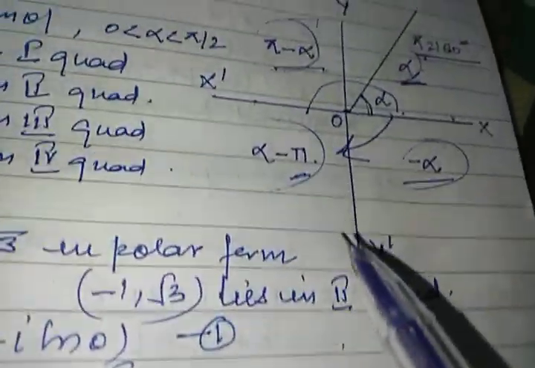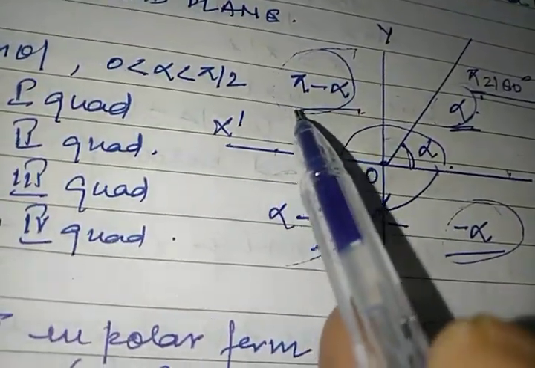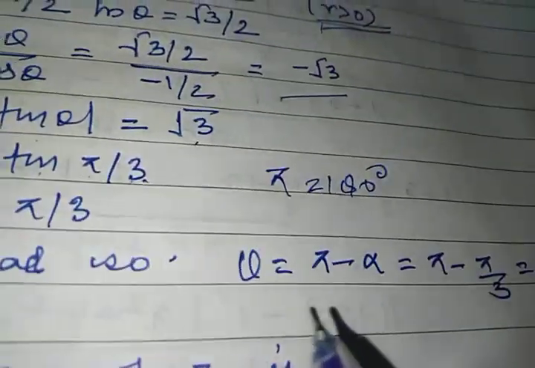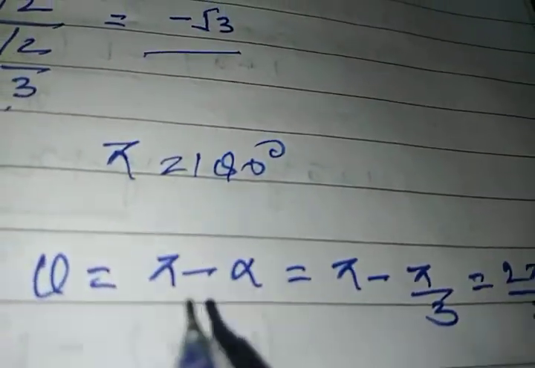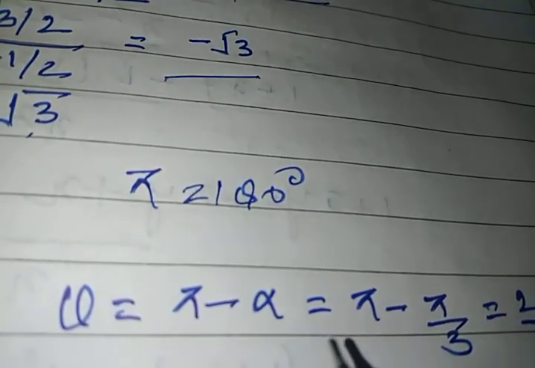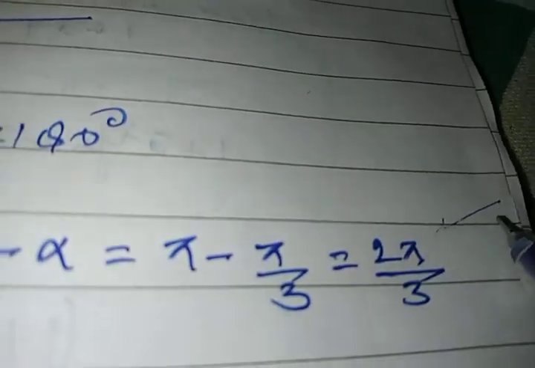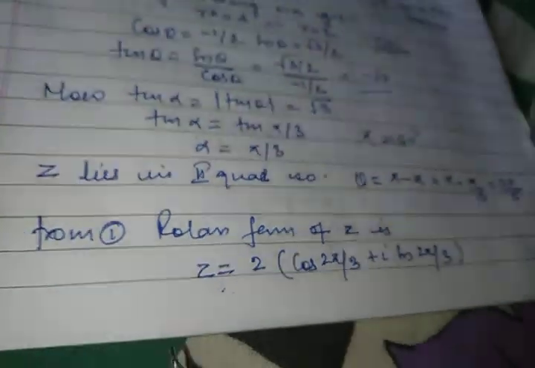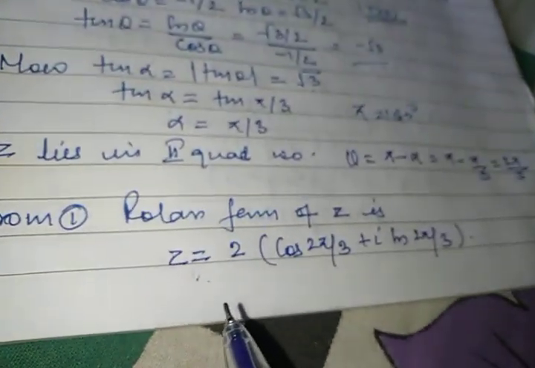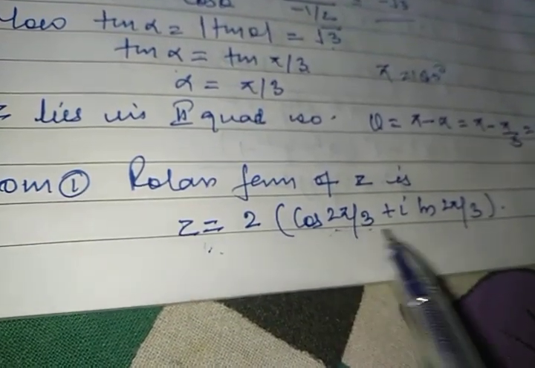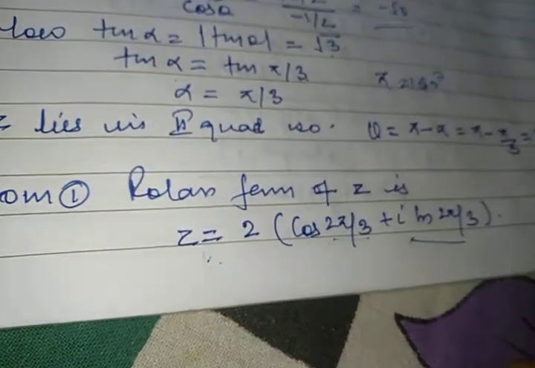So theta is pi minus pi by 3, which is 2 pi by 3. Now the complex number is z equals 2(cos 2 pi by 3 + i sin 2 pi by 3).